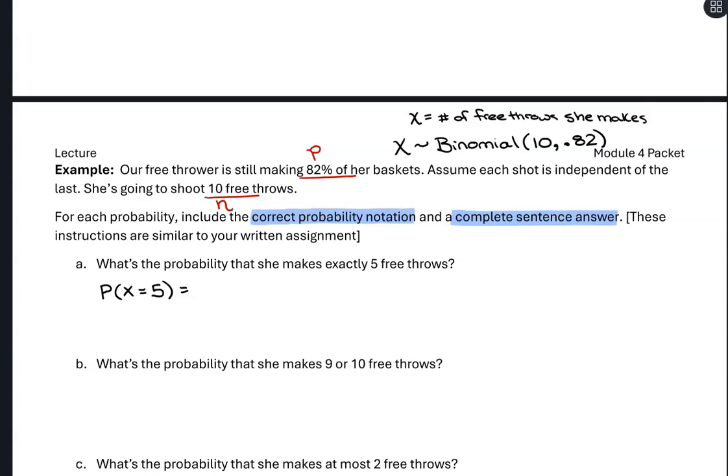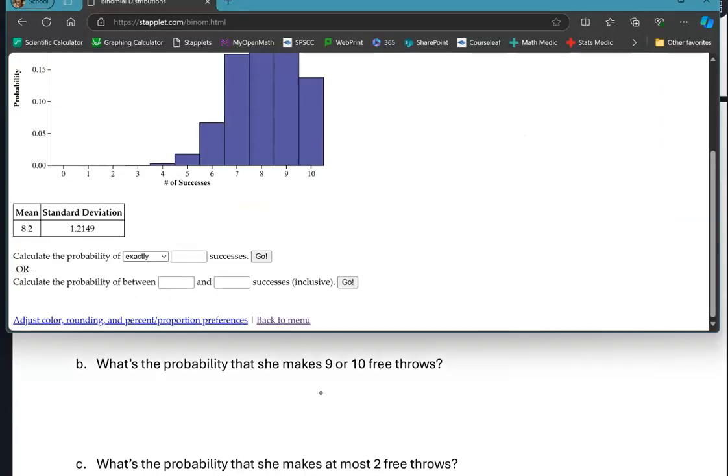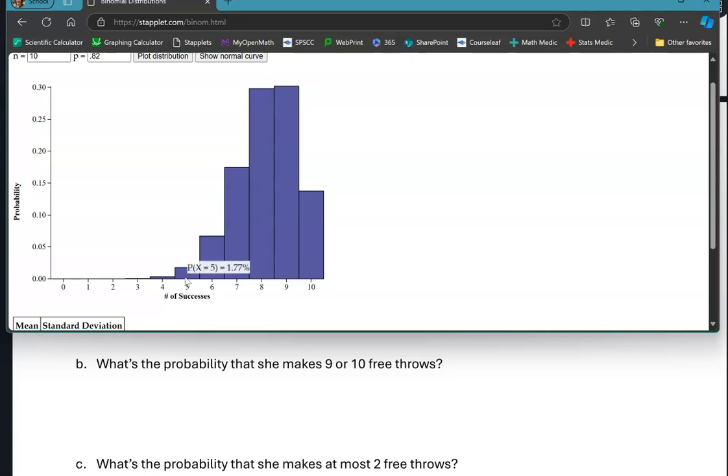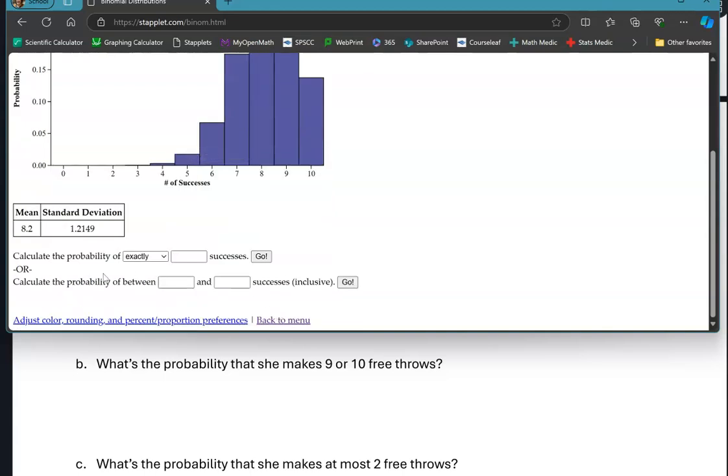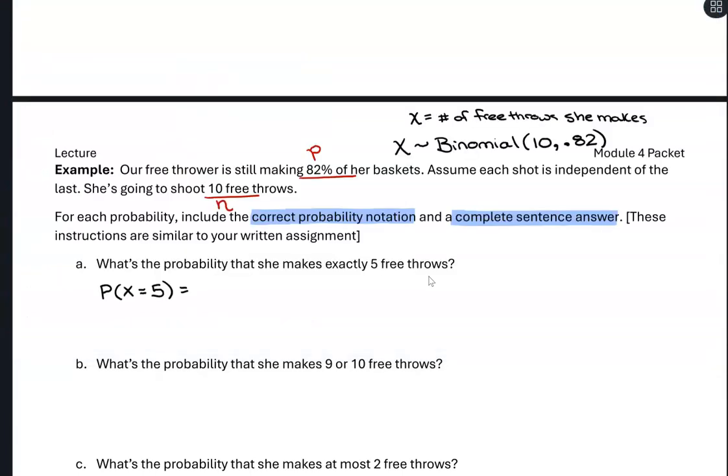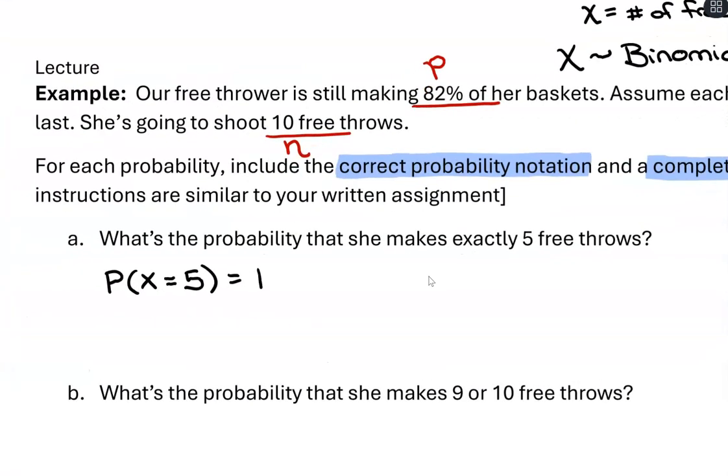And then from there, there's actually 2 ways to find this. I could either go to 5 on the graph and hover my mouse over it. So I see P of X equals 5 equals 1.77%. Or down here, we could do calculate the probability of exactly 5, and that'll give the same answer. So it's saying 1.77%, and I'll go ahead and write that down there.